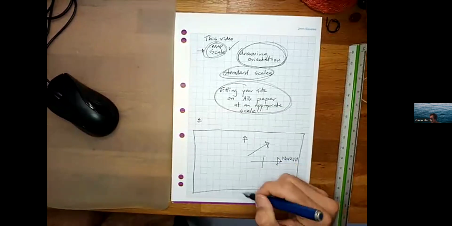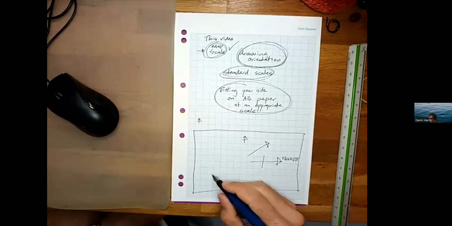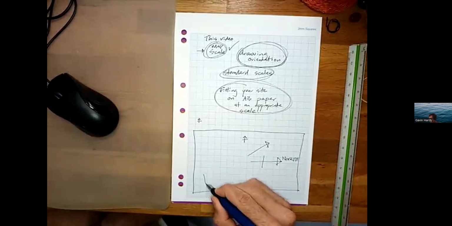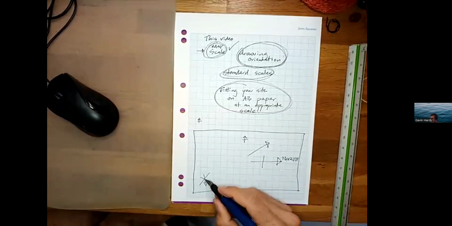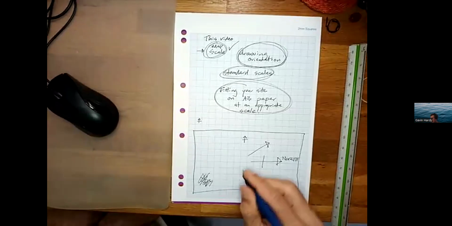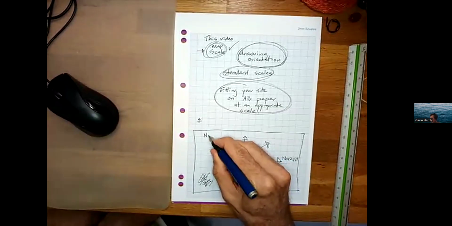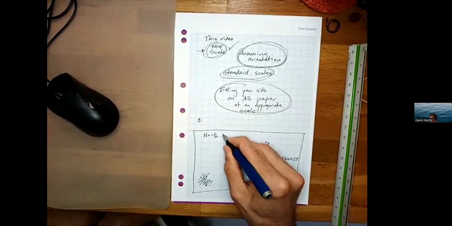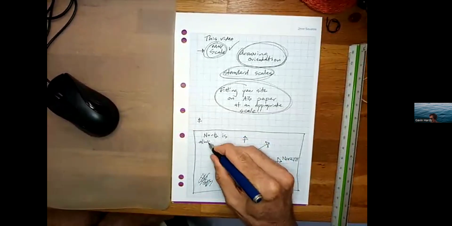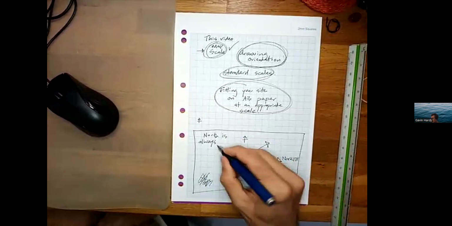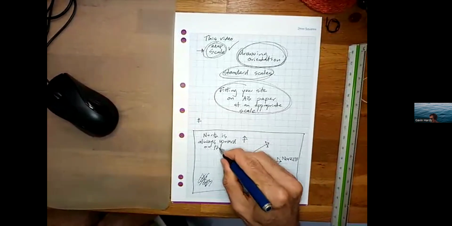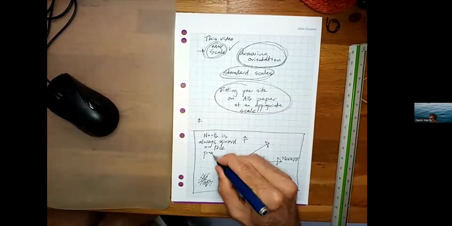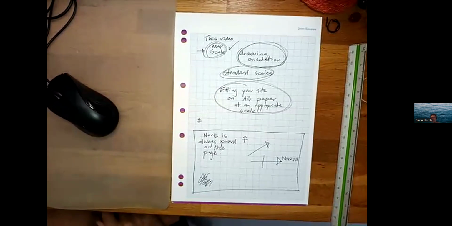But it's never pointing down. Never draw a plan where the north point points down. That is wrong. Don't do that. So I'm going to write here, north is always upward on the page.